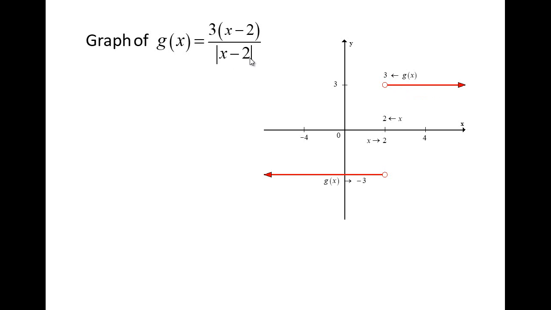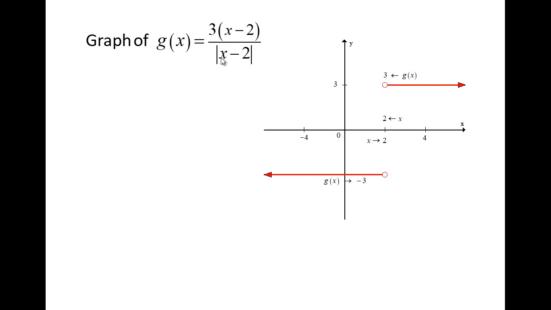Now when x is less than 2, then x minus 2 would be a negative number. So in order to get rid of the absolute value signs, we multiply x minus 2 by a negative 1.